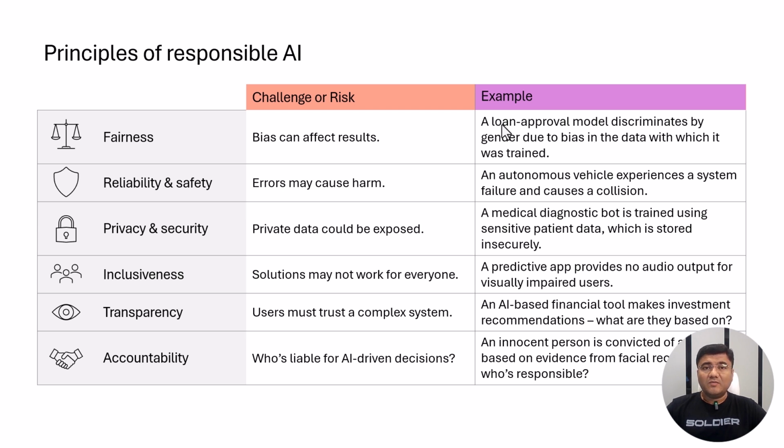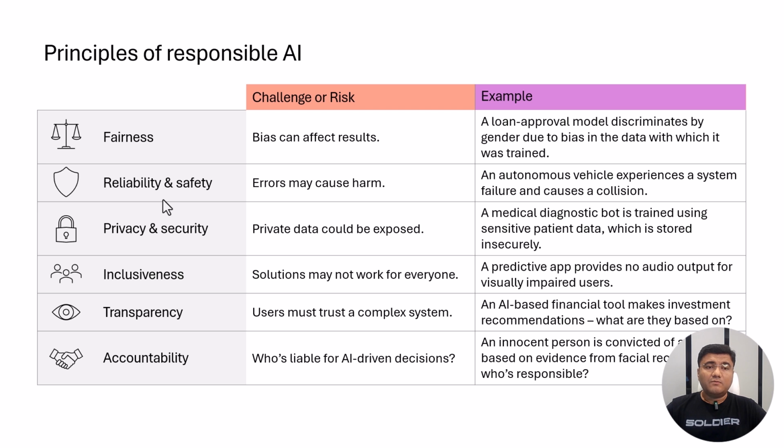Maybe you have developed a loan approval system, and if you have trained that on some biased data, then it is going to give you a result which is also biased. They're giving you an example like a loan approval model which discriminates by gender due to a bias in the data on which it was trained. If that kind of thing is there, it's not a good AI system.